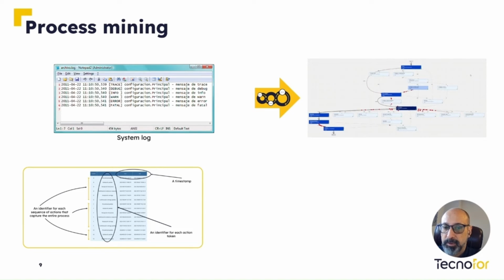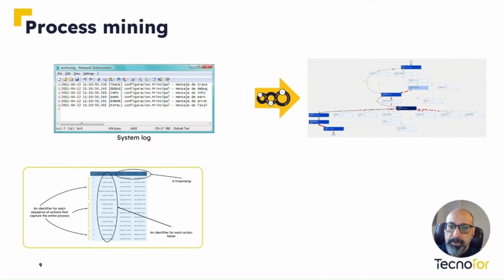The first one is the identification of the processes themselves, and we're going to take the identifier of the processes, plus the events, or the different statuses through which the process is going to pass during its life, and a timestamp of when each transition happened. With this information, I'm going to be able to create that model that you can see in the top right corner of the screen.